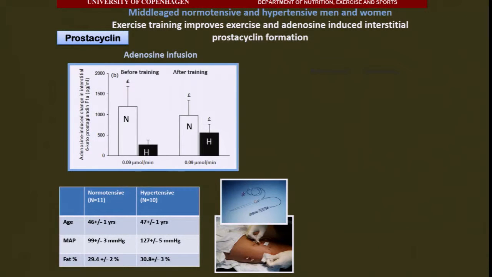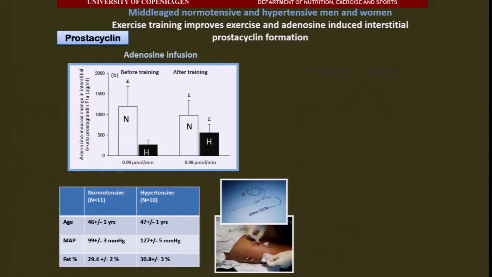What about the production, our ability to produce prostacyclin, this vasodilator? Here we're looking at, again, middle-aged normotensive and hypertensive men and women. What we're doing here is putting microdialysis probes into the leg. We're infusing adenosine through this microdialysis probe, so into the interstitium, because we know that this is one of the pathways of functional vasodilation.